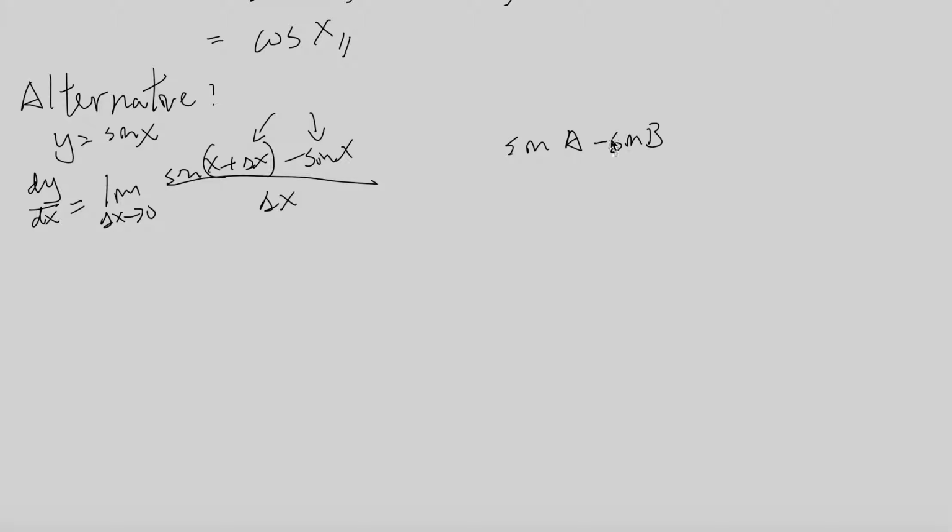That is the sum to product formula: sine a minus sine b equals 2 cosine((a plus b)/2) sine((a minus b)/2).